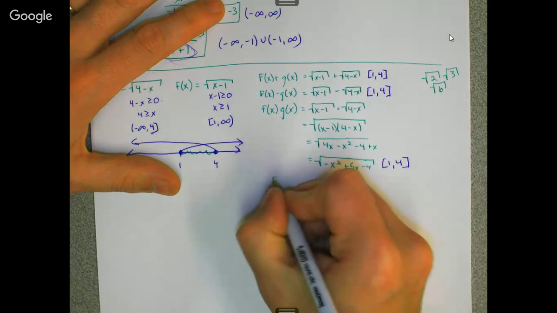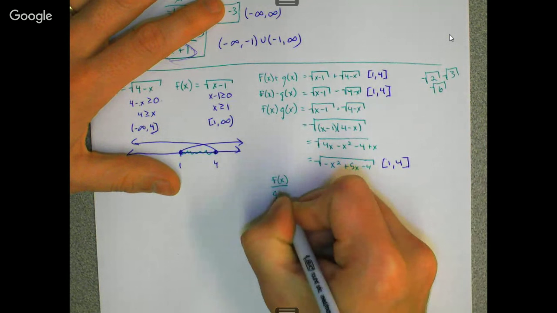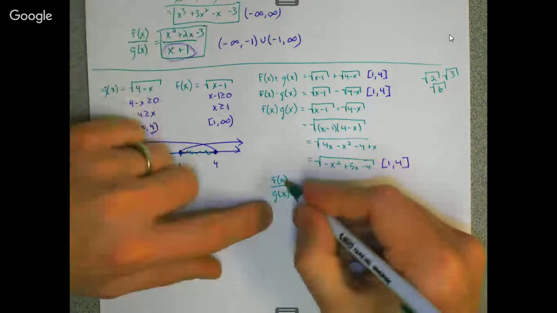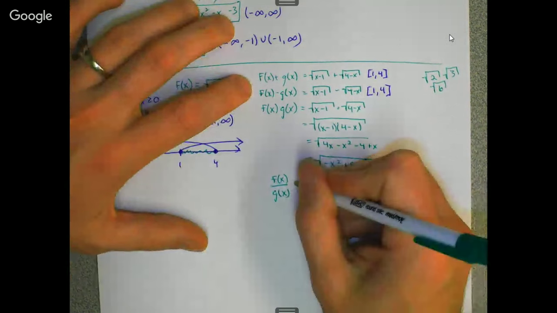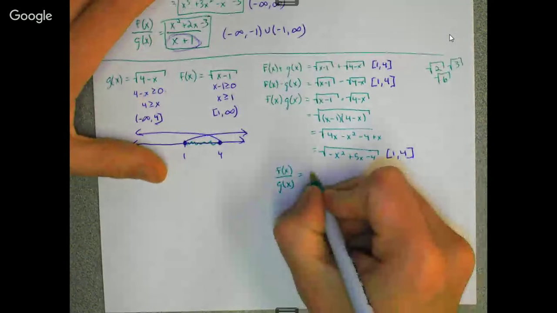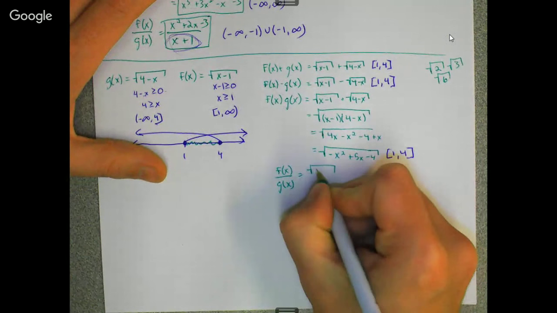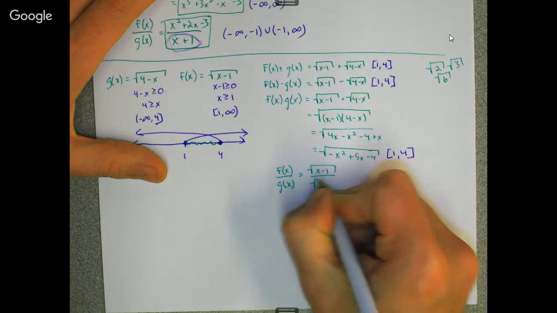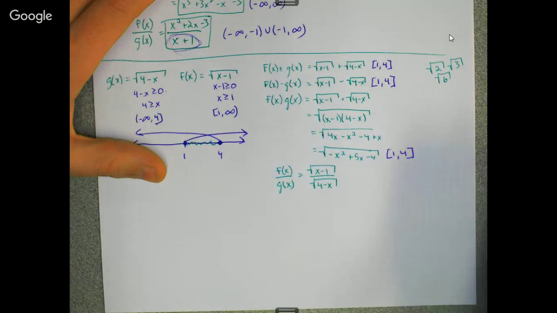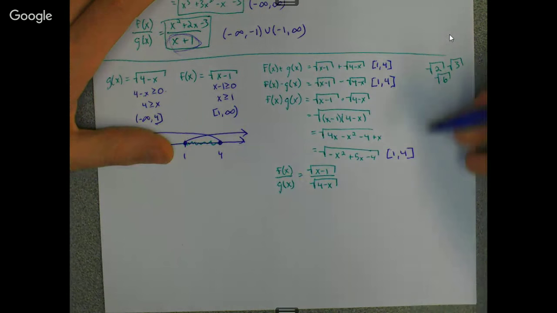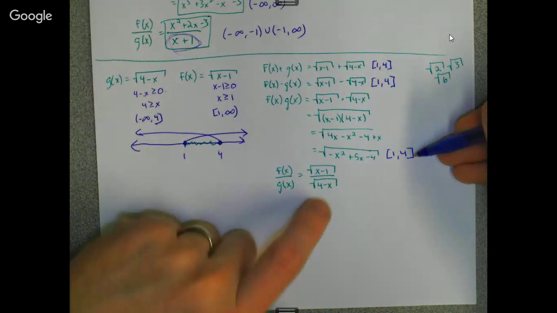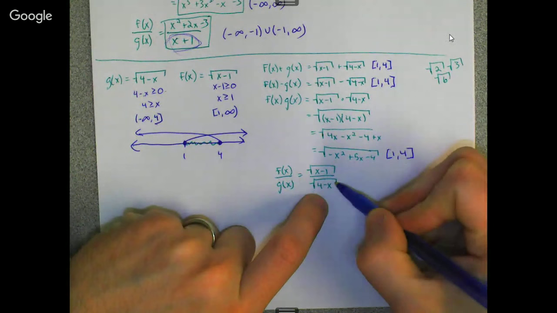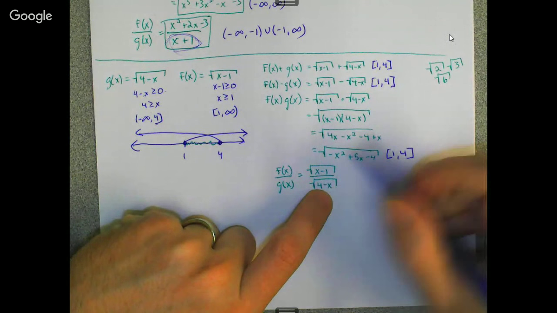Okay, so I got f of x over g of x. And we could switch this up. I could put g on top if I wanted. It doesn't matter. So that would be the square root of x minus 1 over the square root of 4 minus x. Now, we still use this part, but if you notice down here on the denominator, this cannot equal 0. Well, think about it.